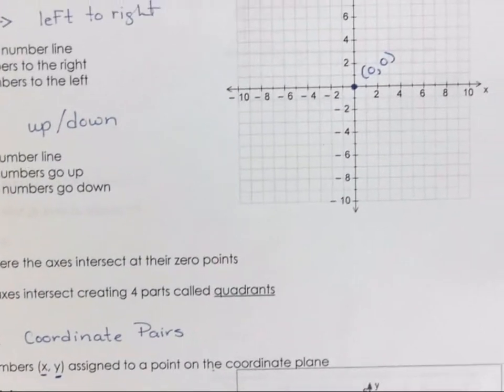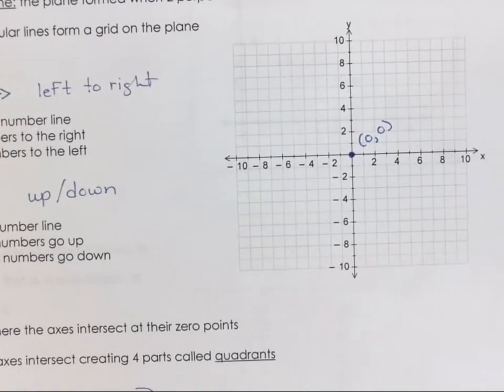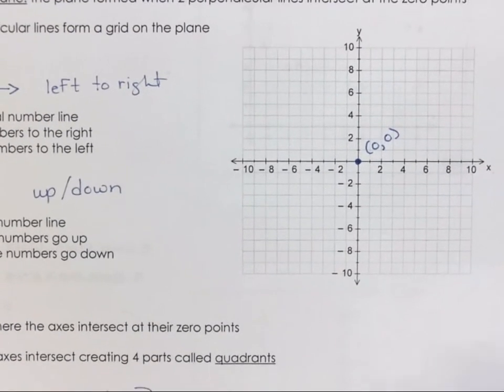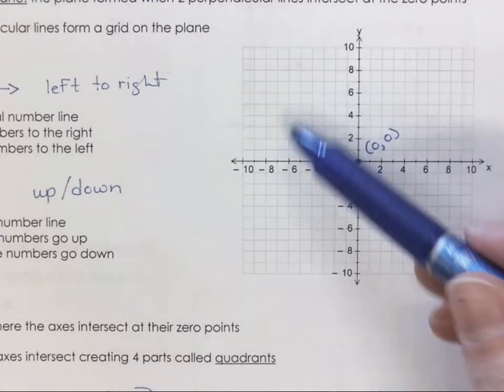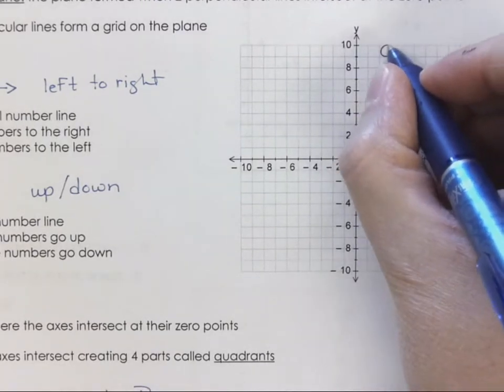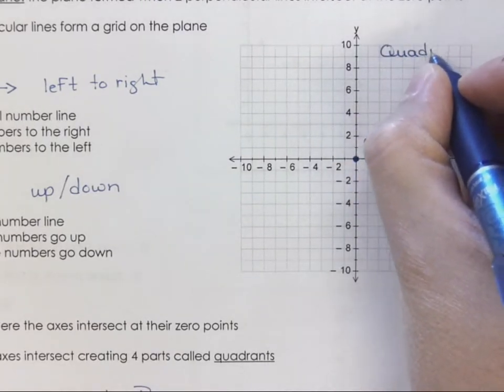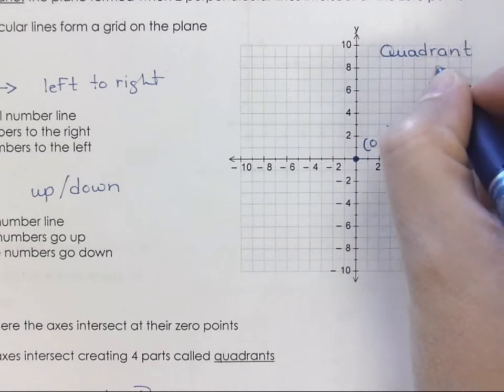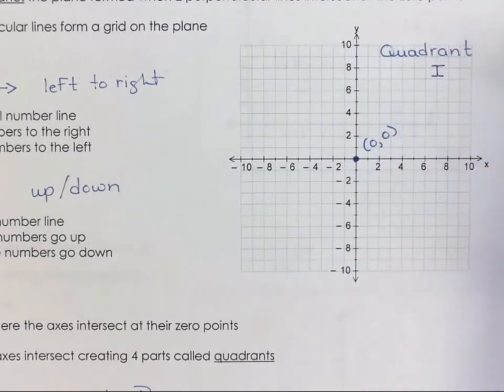The next thing that's super important, everything's super important if you haven't noticed, is, if you notice, this cuts the coordinate plane into 4 sections. Okay? Those 4 sections each have a number, and they're called quadrants. So this is quadrant 1, and we use Roman numerals.